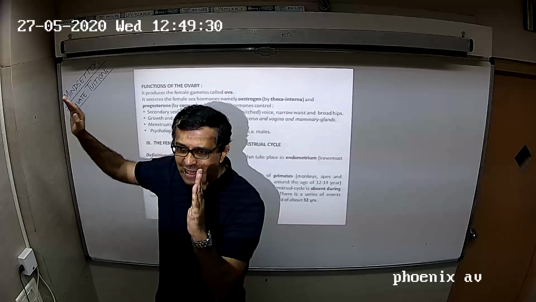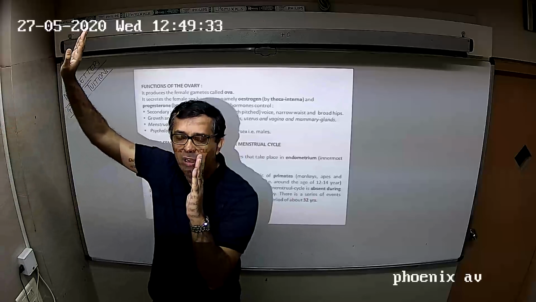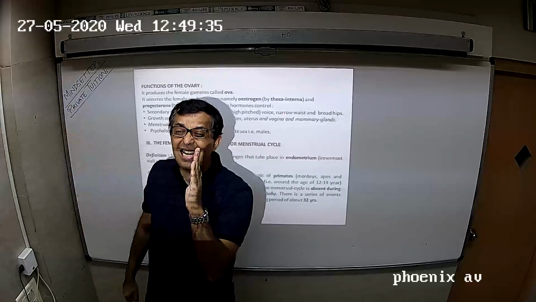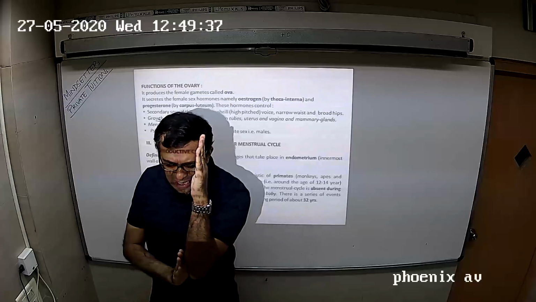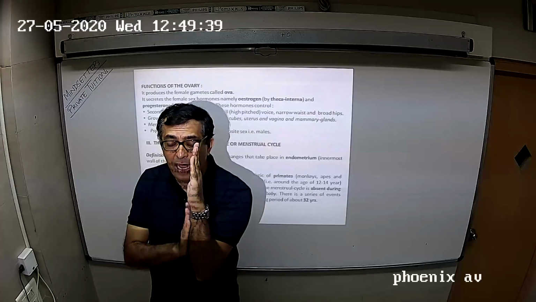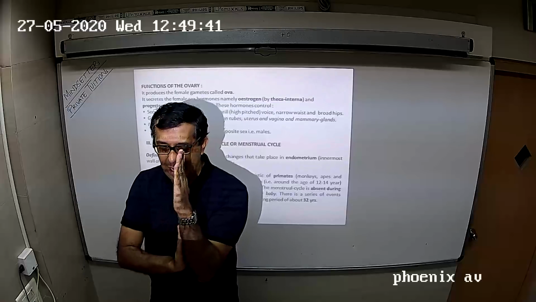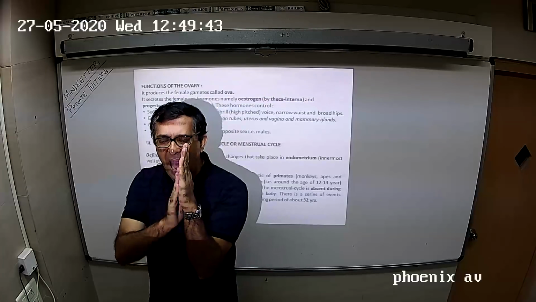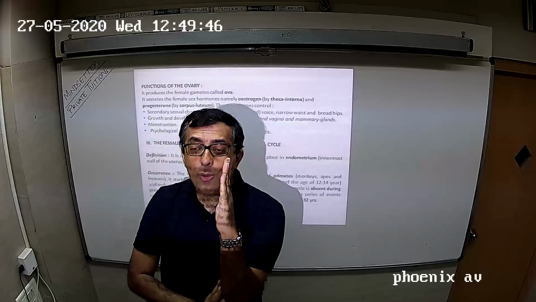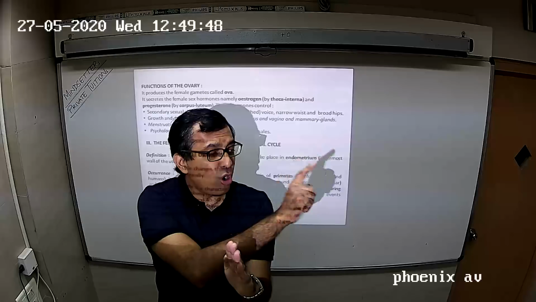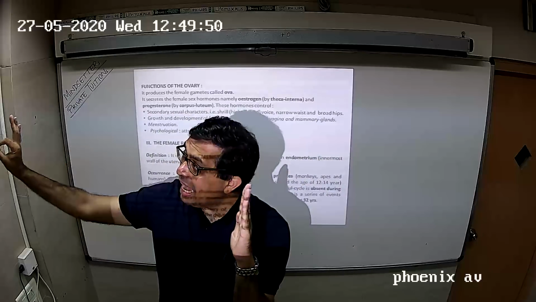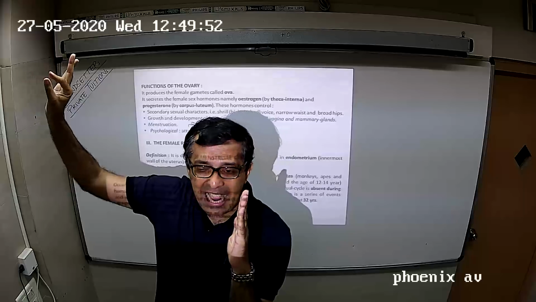Bleeding will take place, and the unfertilized egg with blood will go out. Over the next few days, this endometrium gets repaired. And then 28 days are over, and from either of the ovaries, again ovulation takes place.